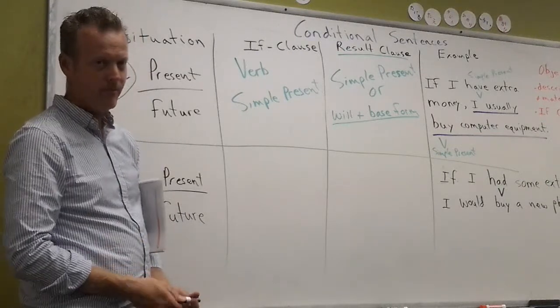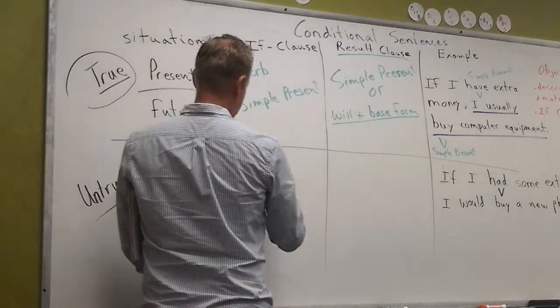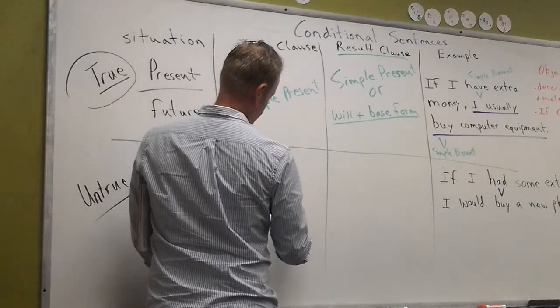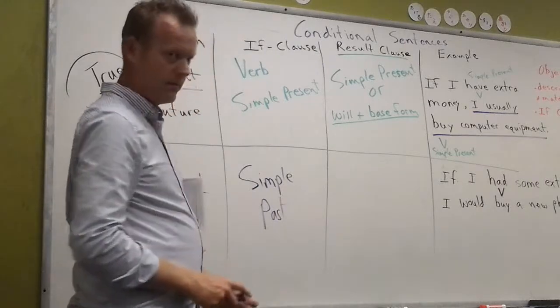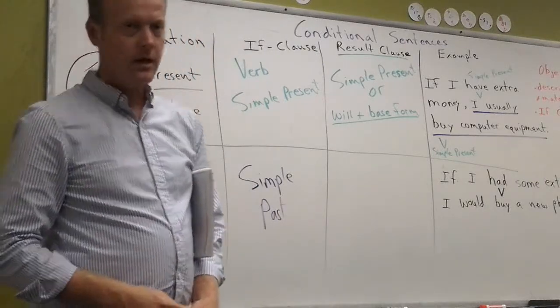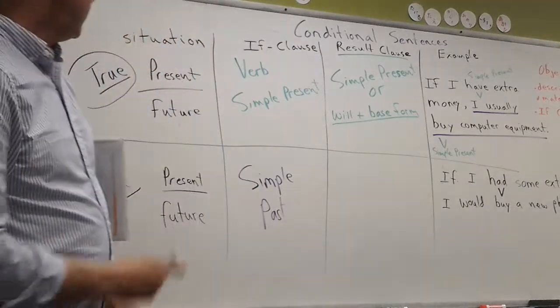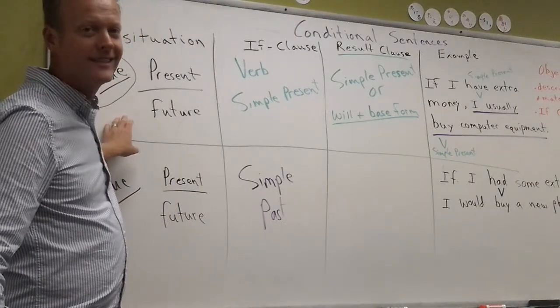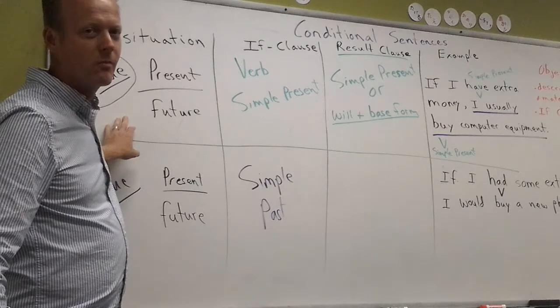What does it say? Simple past. Always. But teacher, can I make it in the easy way? Can I say if I have some extra money, I would not buy a new phone? No, because now you're up here. But I make it in the negative and in the true.